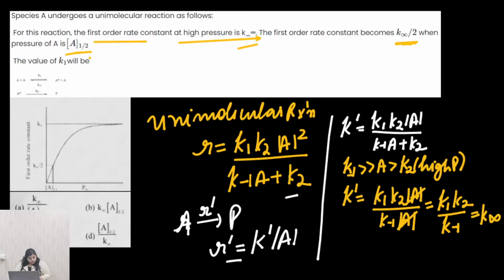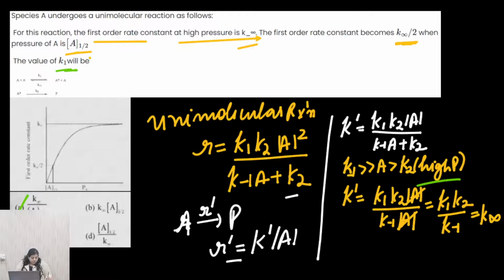This is what they are asking, find the value of K1. The value of K1 is equal to K infinity upon A half. That is option A, it becomes the correct answer. I hope this is clear. So from the unimolecular rate expression, different conditions can arise.